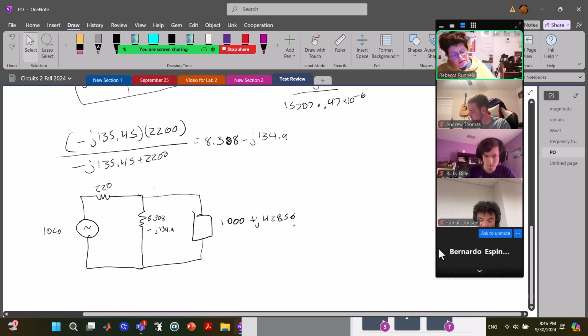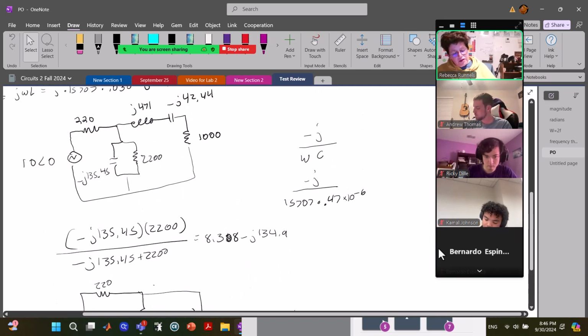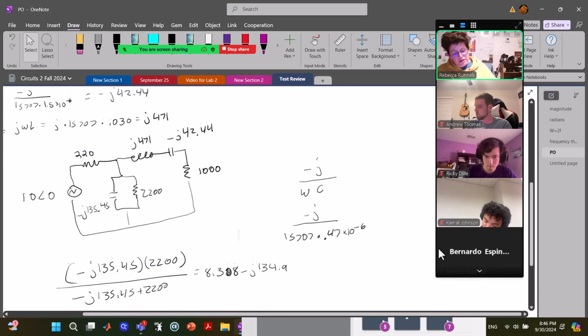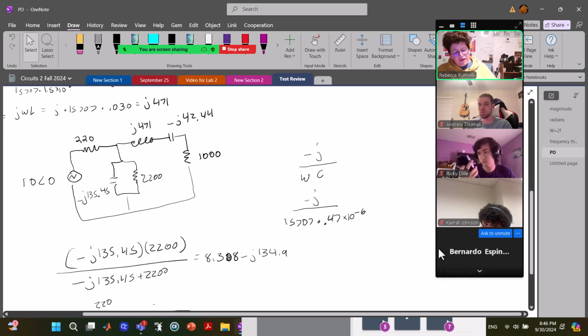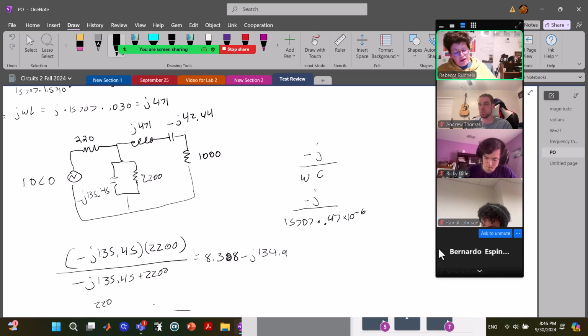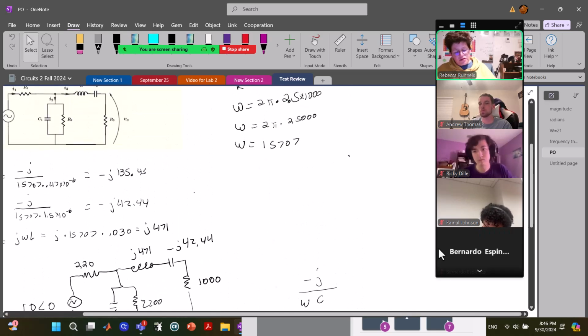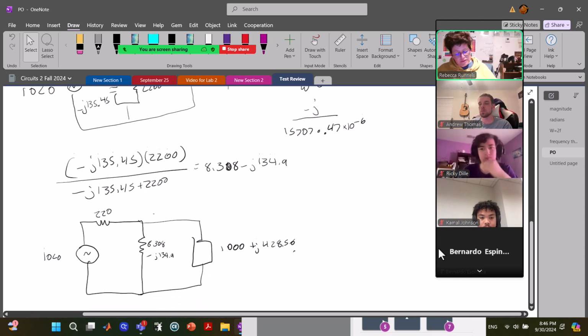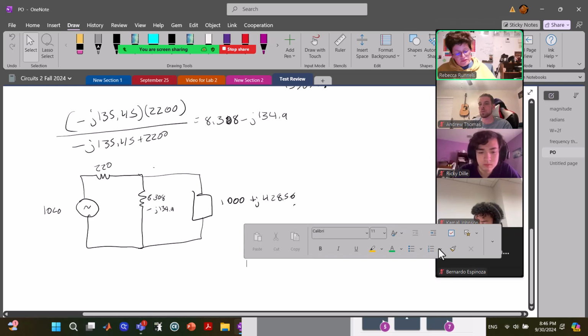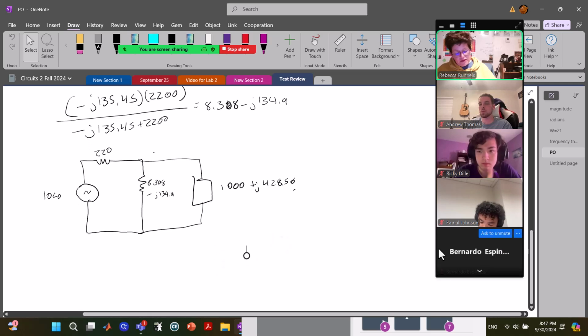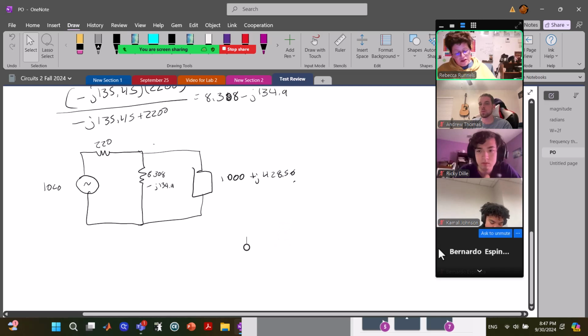It's not looking too bad. I'm looking for the current going through this branch; if I know it, I just multiply it by 1,000 to get the voltage across that resistor. Actually, I can get the voltage directly.